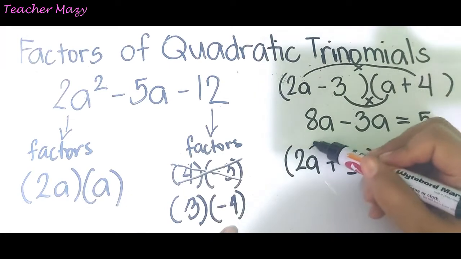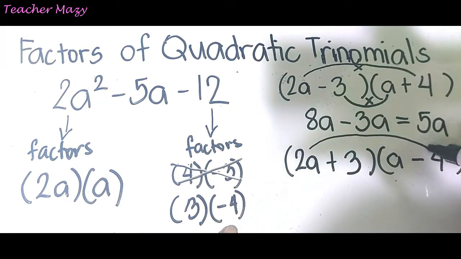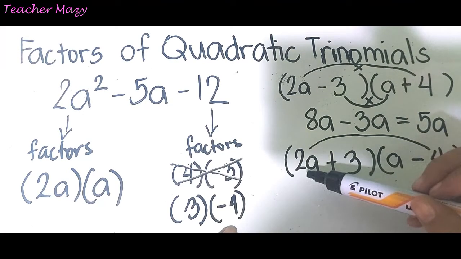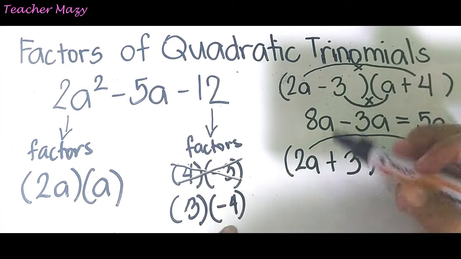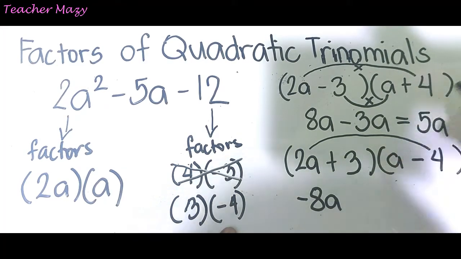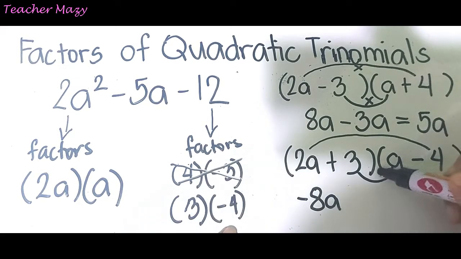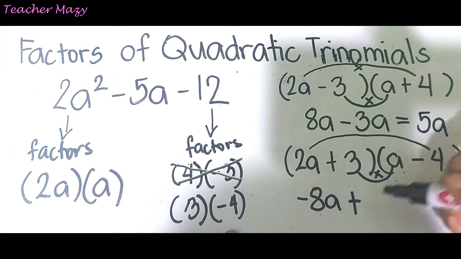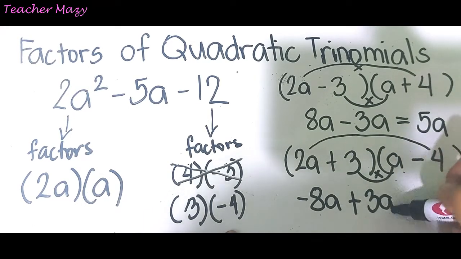Same steps: multiply the outer terms, 2a times negative 4, which is negative 8a, and then multiply the inner terms, positive 3 times positive a, which is positive 3a.